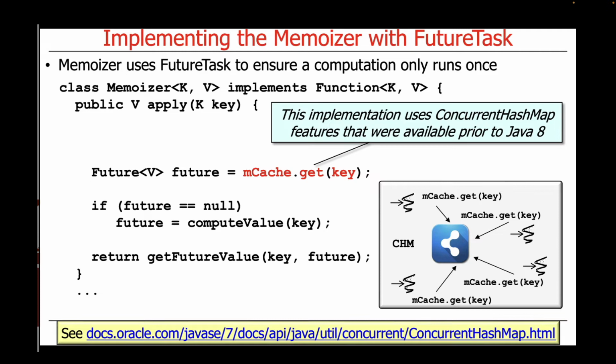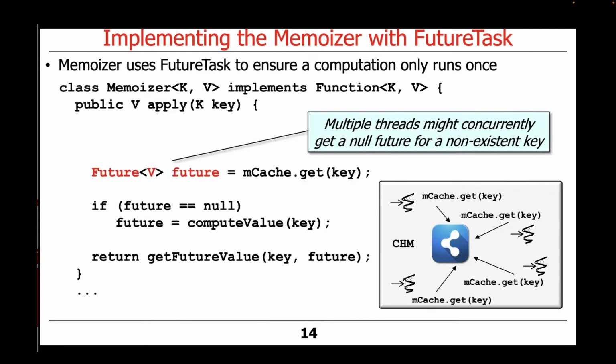Okay, so we go ahead and get that value. That'll come back with something. Now, if we're looking up a key that doesn't yet exist in the map, then null will be returned. The way get semantics work in the ConcurrentHashMap is that if there is nothing there, then you get back a null.